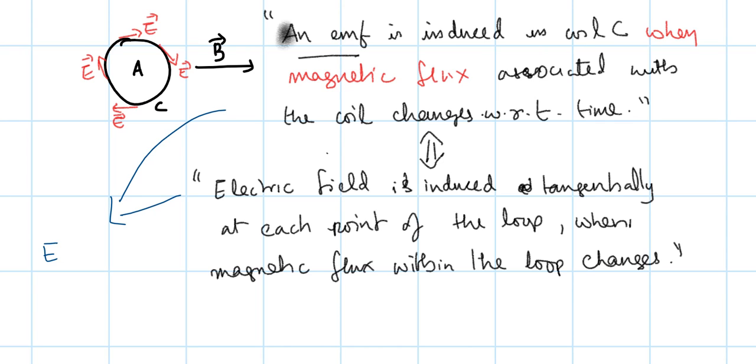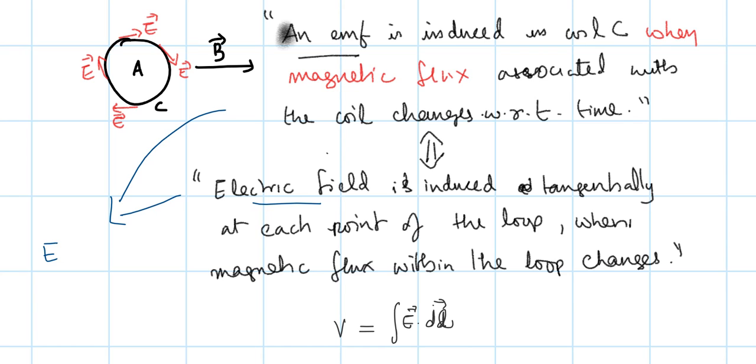This generation of electric field, this induction of EMF is actually potential drops at every point. So EMF and the electric field are related by the equation V is equal to path integral E dot dl.